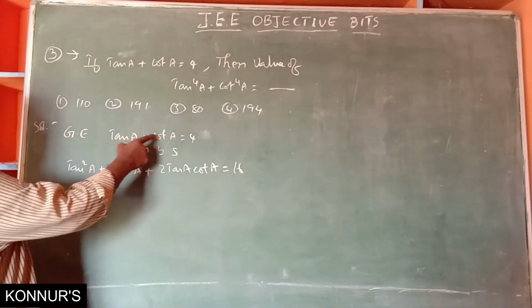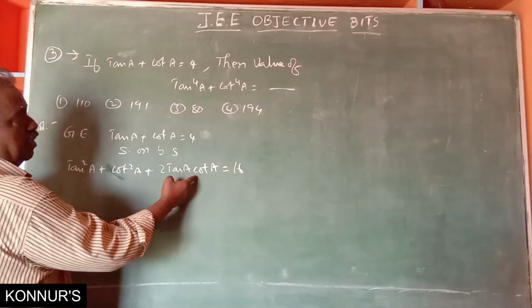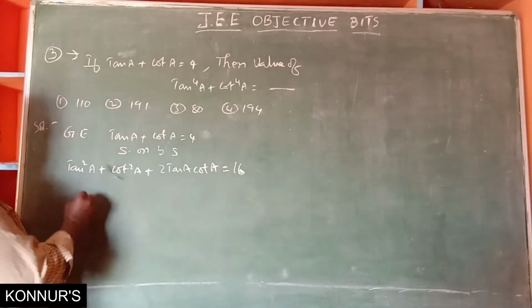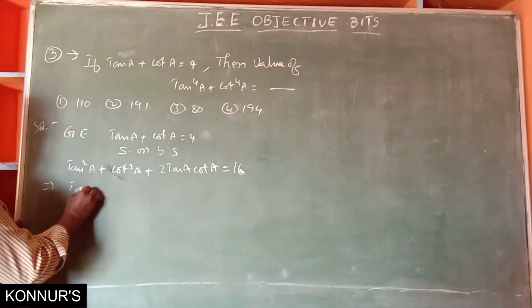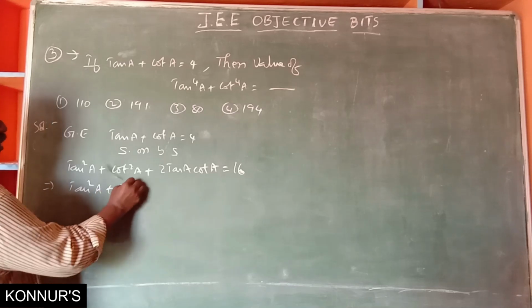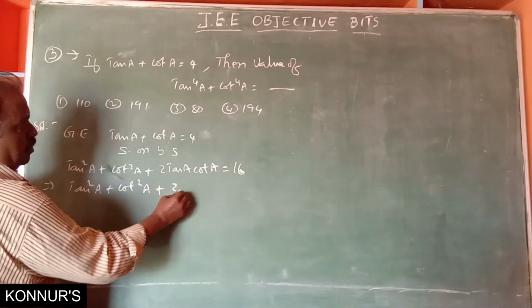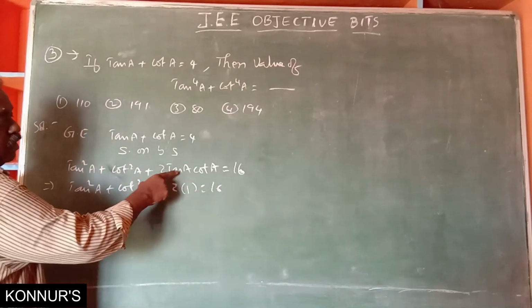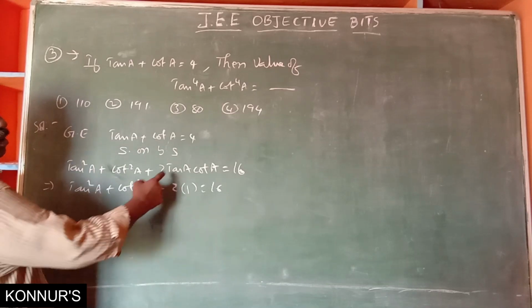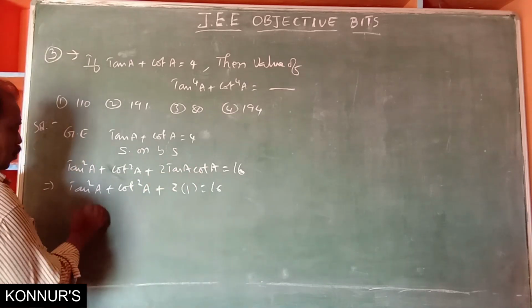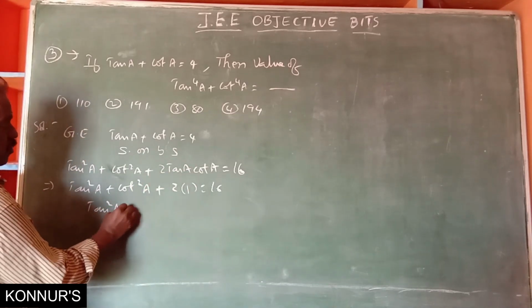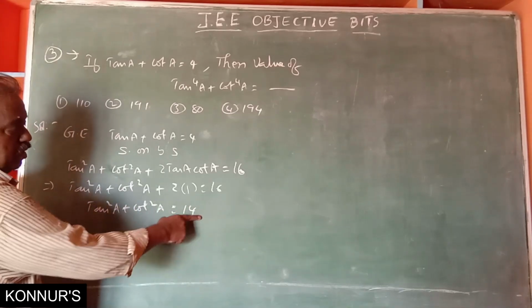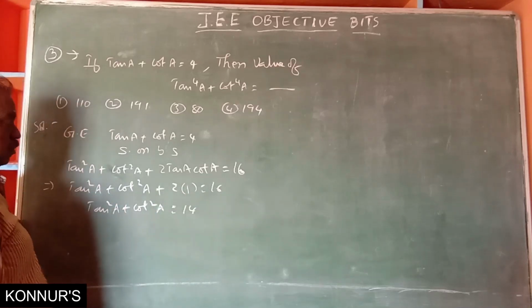You see, (A plus B) squared is A square plus B square plus 2AB. Here 4 square is equal to 16. So tan square A plus cot square A plus 2 into 1 is equal to 16. You agree? Tan into cot is 1, they are reciprocal to each other. So tan square A plus cot square A is equal to 14, that is 16 minus 2.